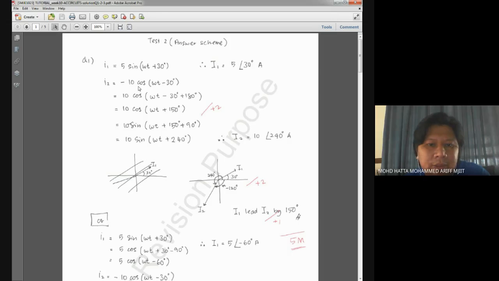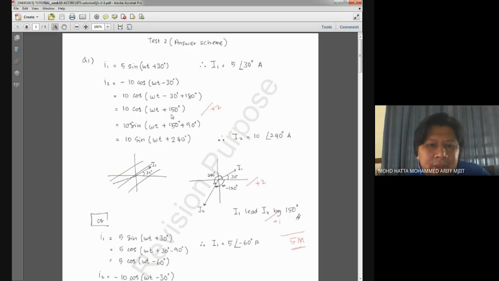So I2 here, first we have negative cos omega t minus 30, and we first eliminate this negative sign by adding 180 degrees. By adding this 180 degrees, we eliminate the negative sign at the front of the equation. We have 10 cos omega t plus 150.